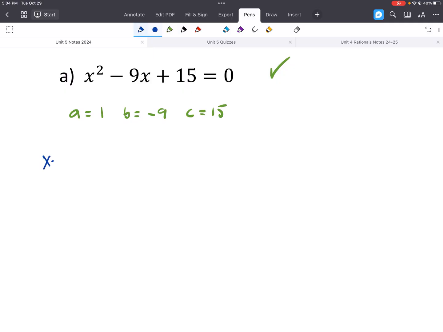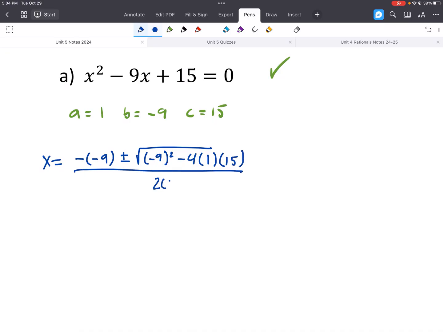So we'll have x equals -b, so -9 plus or minus the square root of -9 squared, so b squared, minus 4 times a times c, all over 2 times a, which is 1. Okay, so that shouldn't be a surprise. We did all of this last time. Our next step will be the same as well.